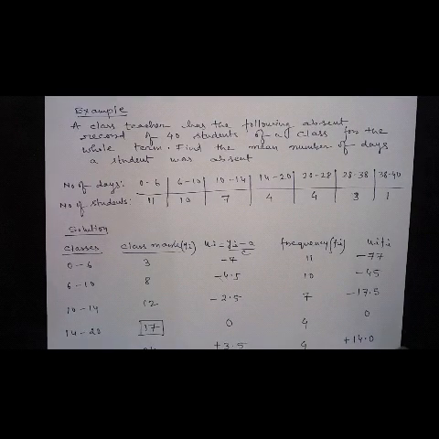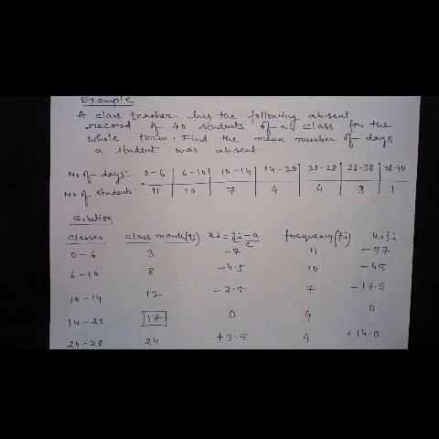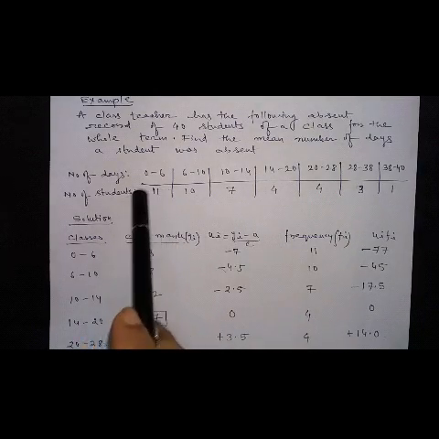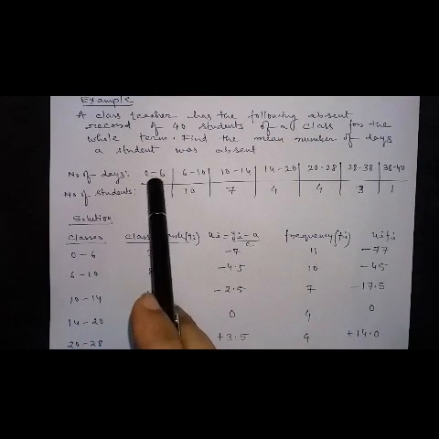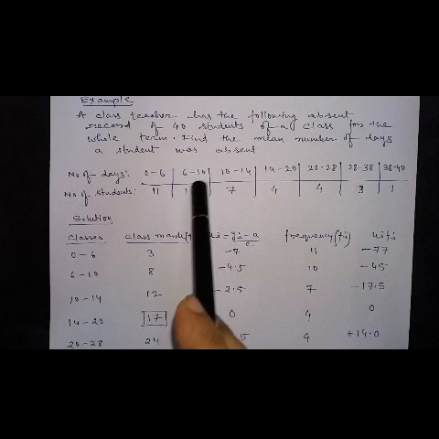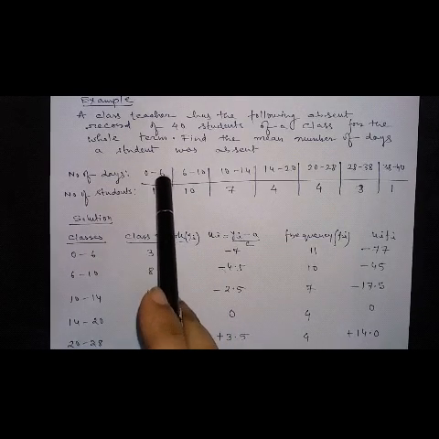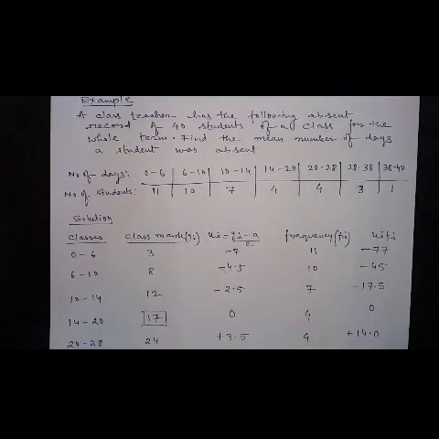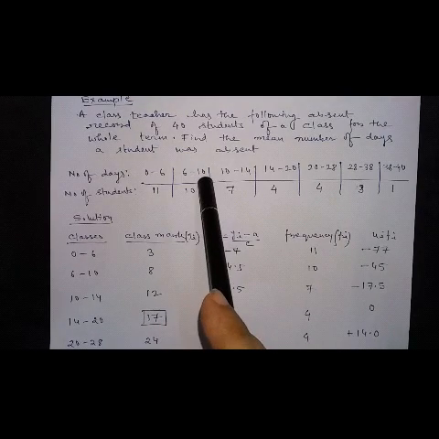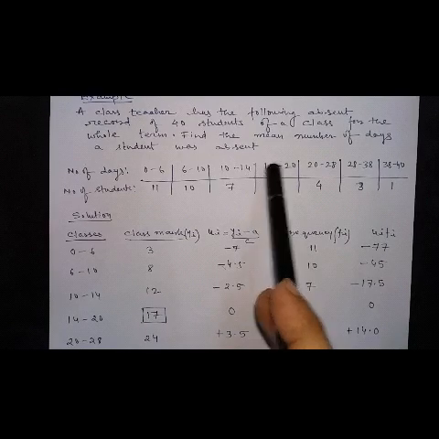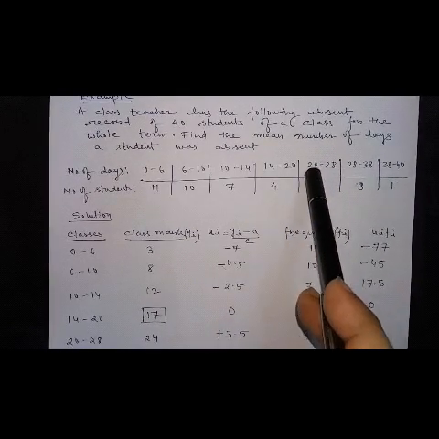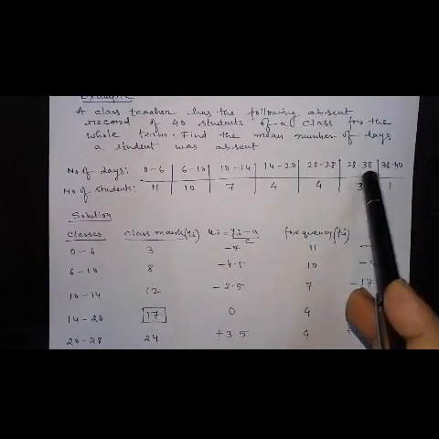Now one interesting thing is here, that in the previous sums the width of each interval was equal, but here the length is 0 to 6, that means 6, 6 to 10, that means 4, here also 4, here 6 again, here 8, here 10, and here 2.